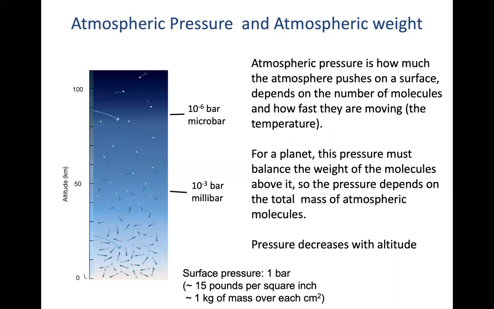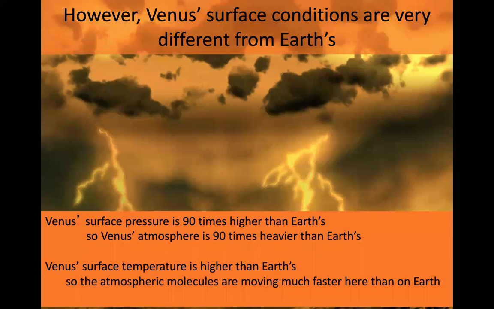So it turns out that on Earth, the atmosphere's weight is about 15 pounds per square inch. So it's not trivial. But on Venus, it's 90 times higher. So there's 90 times more molecules in the atmosphere. It just weighs 90 times as much, which is the same thing because Venus and Earth have similar gravity.